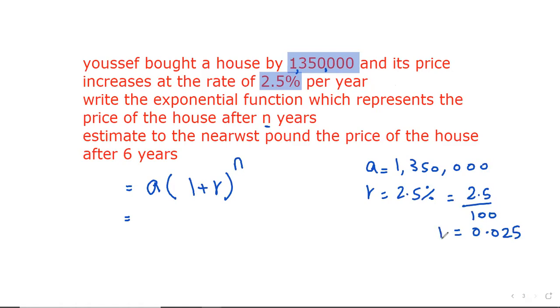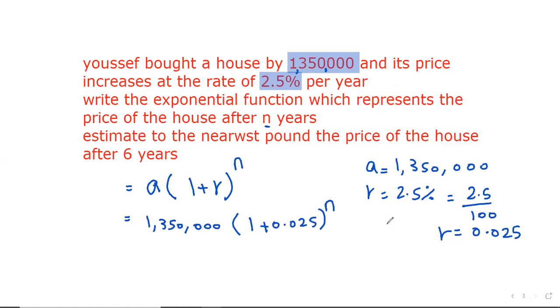This is R. So we write an exponential function which represents the price of the house after n years. It will be 1,350,000 multiplied by 1 plus, what is R? R is 0.025, raised to the power of n.